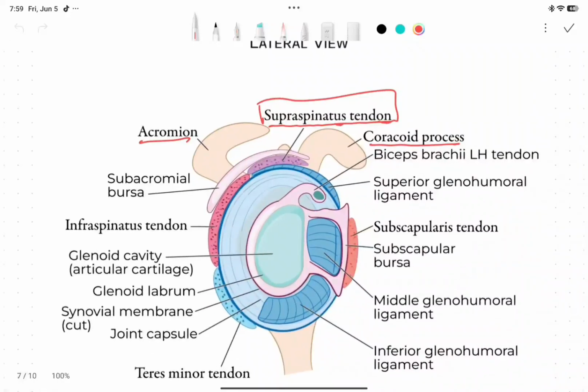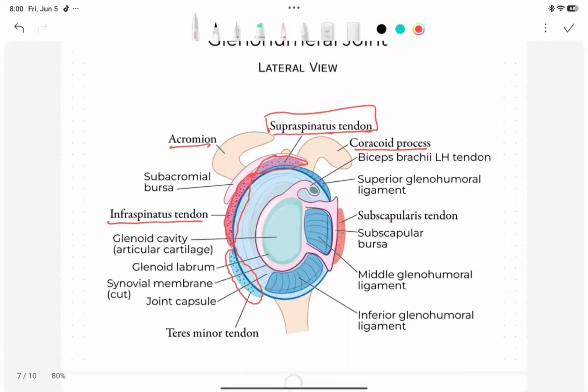In the middle facet there is the insertion of the infraspinatus. This is the infraspinatus tendon. This is the supraspinatus tendon, and there is also the tendon of the teres minor.